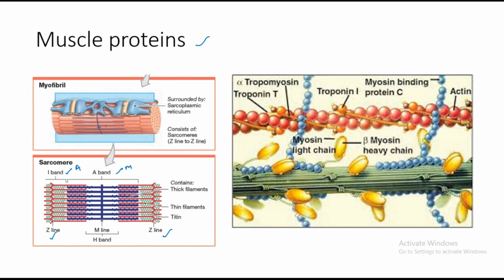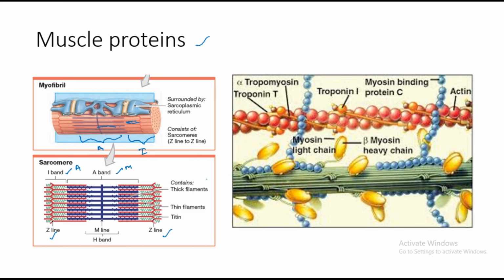The blue lines indicate the myosin filaments, and the red lines indicate the actin filaments. This is again the I band, the lighter band. This is again the A band, the darker band. So we have myosin, we have actin, between two Z lines. This is the sarcomere again.